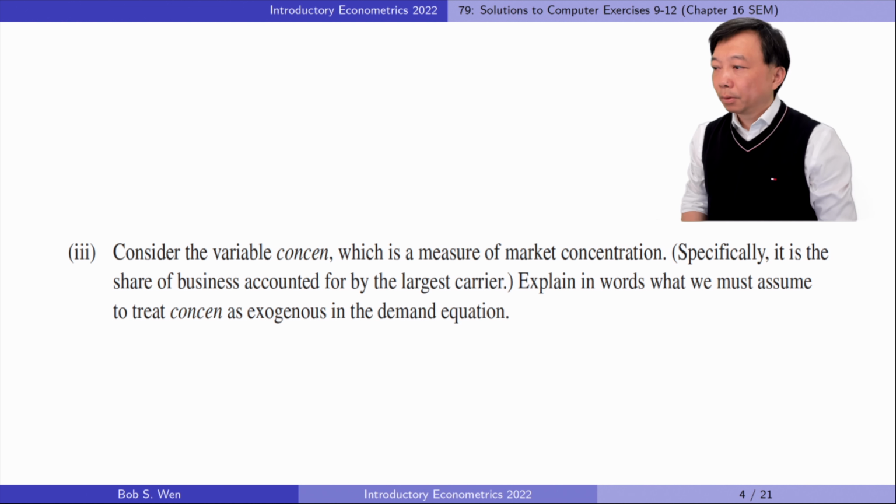In other words, concentration should not directly affect the demand for airlines or indirectly affect the demand through any channels other than the airfares. Under this assumption, the concentration is exogenous in the demand equation.